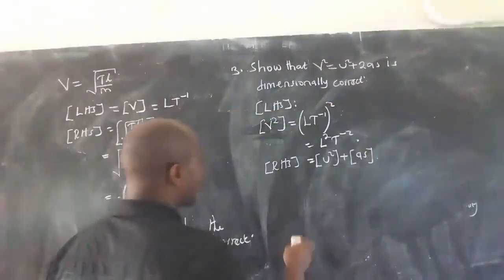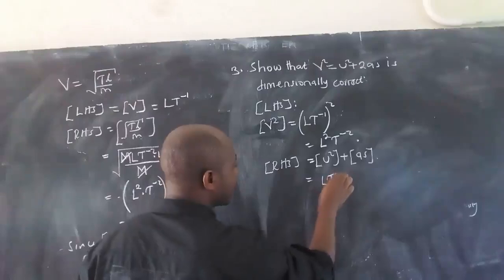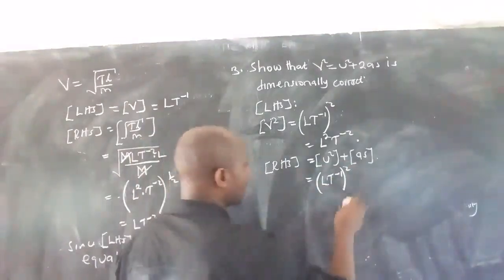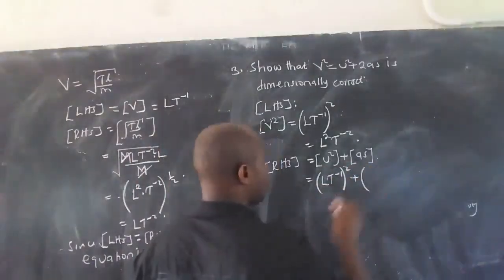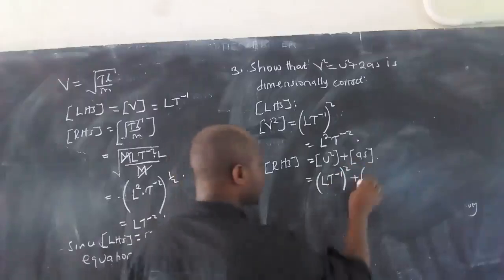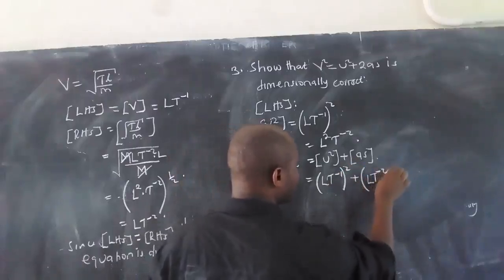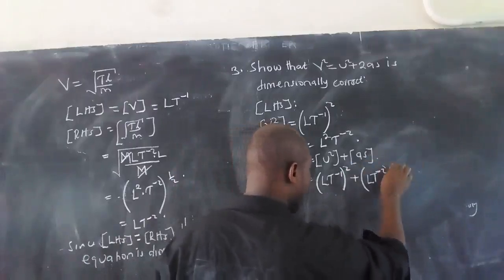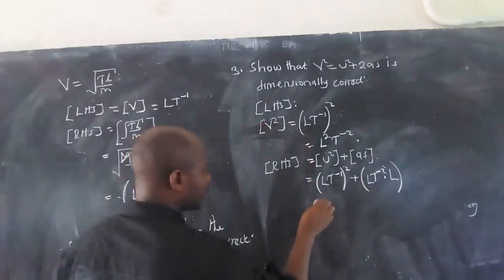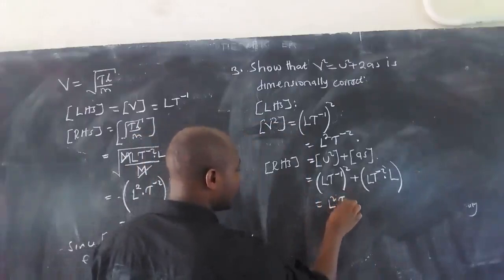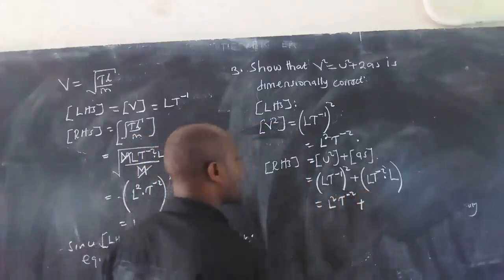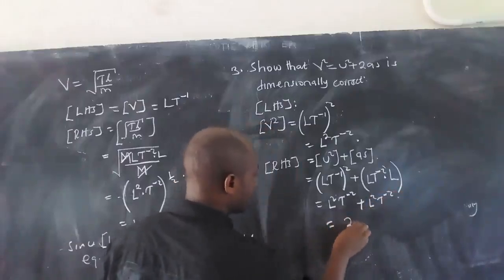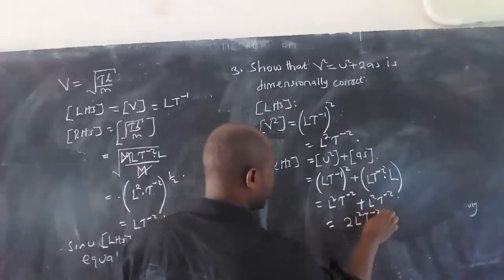So we shall now say, this is L t negative 1 squared, because it is meters per second squared, plus, here we shall have meters per second squared, that is L t negative 2, times L. So this will be L squared t negative 2 plus L squared t negative 2, which gives us 2 L squared t negative 2.